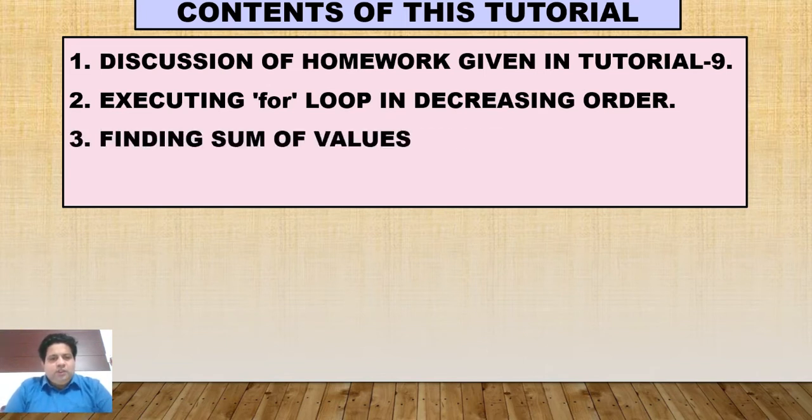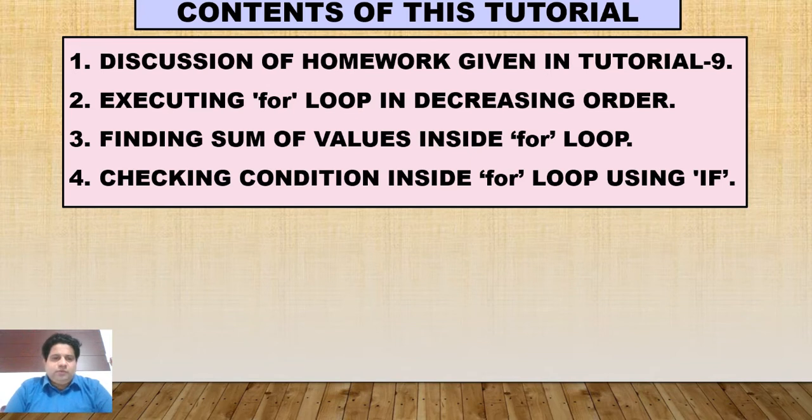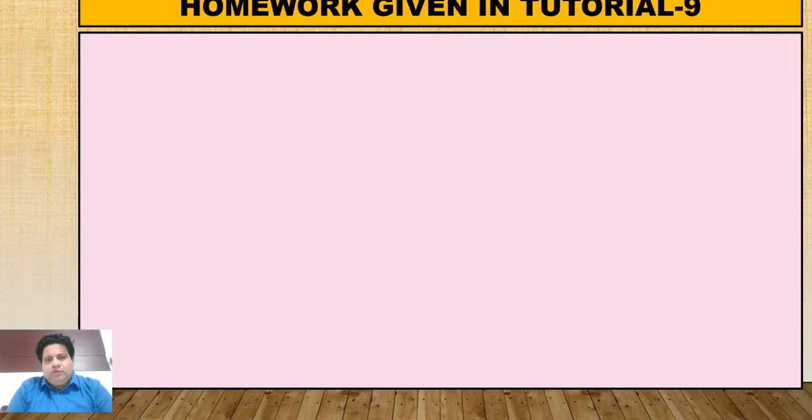Then we will study how to find the sum of values inside a for loop, and then how we can check a condition inside a for loop using if. So let's start with the discussion of the homework given in tutorial 9.